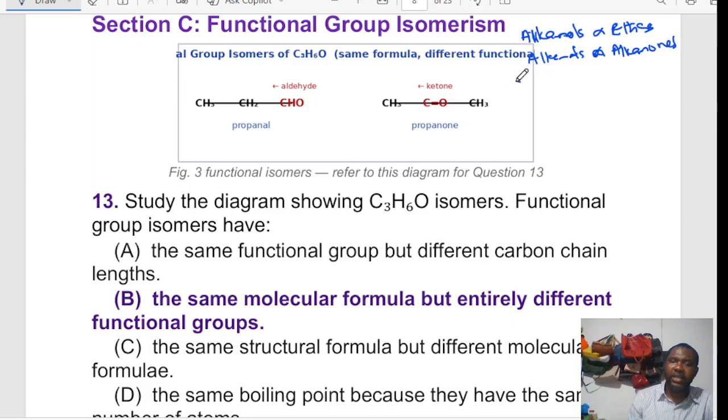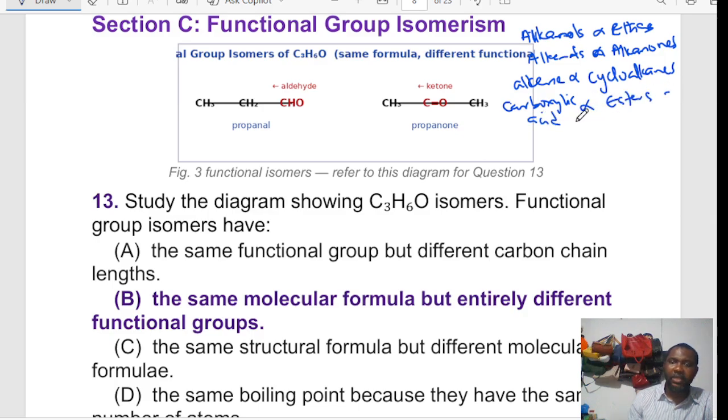We have alkenes and cycloalkanes, though nobody's really going to ask you this. Then we have carboxylic acids and esters, which are also isomers.